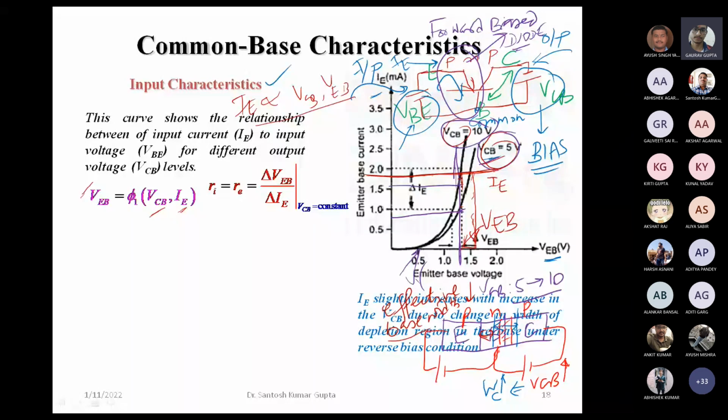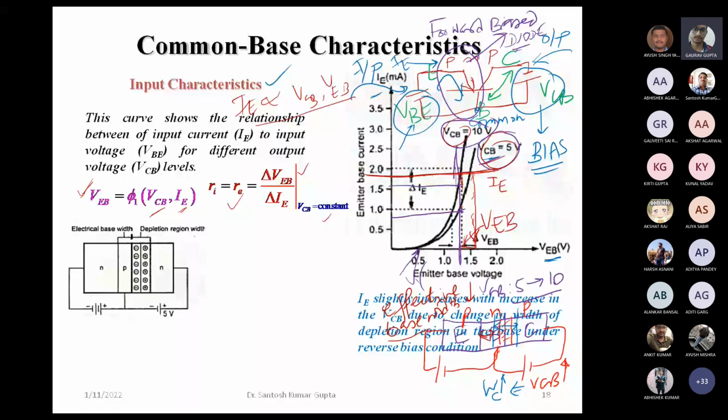But in a diode, the current is said to be the independent variable. That's why this relation is written over here. And the dynamic resistance offered by the forward biased emitter junction can be written as change in input voltage divided by change in the input current at a given VCB.